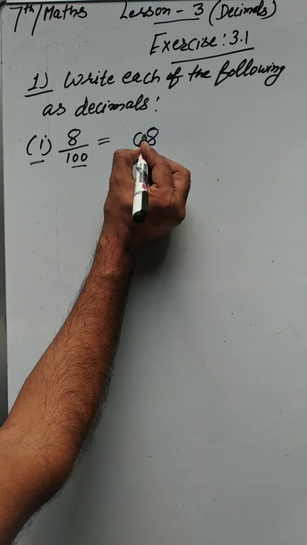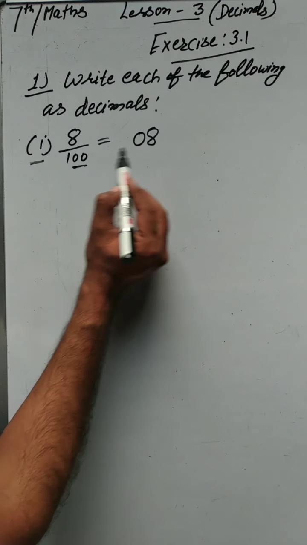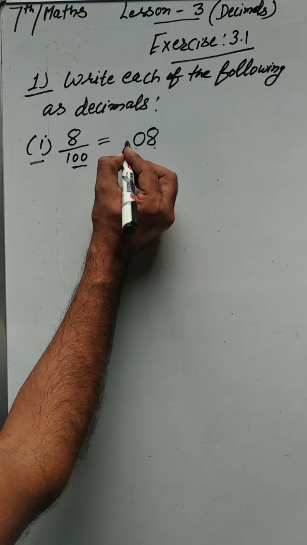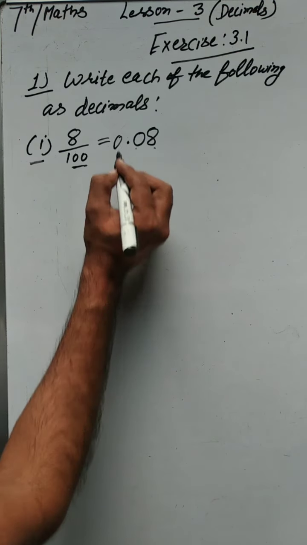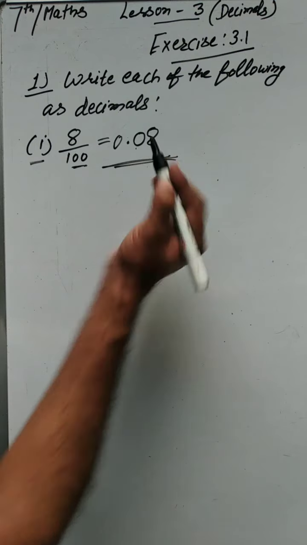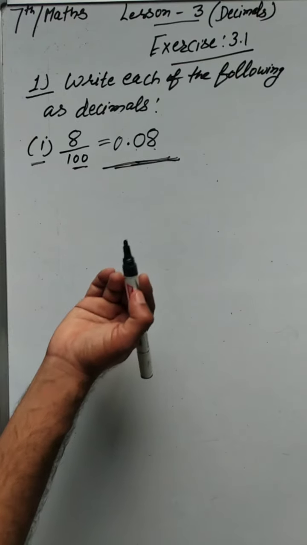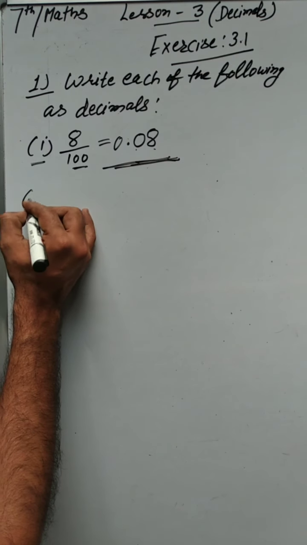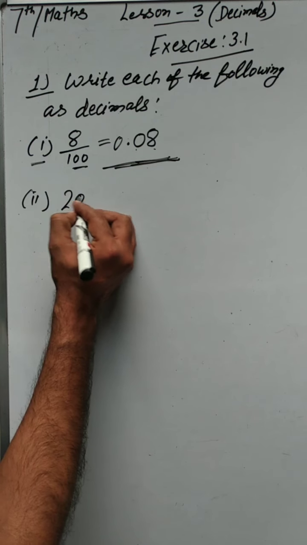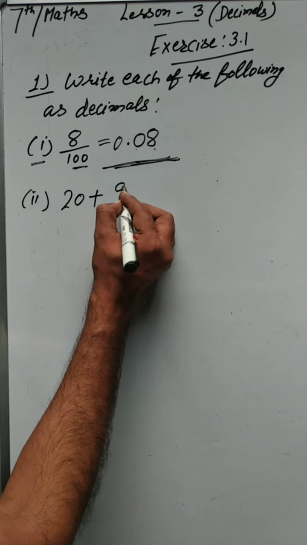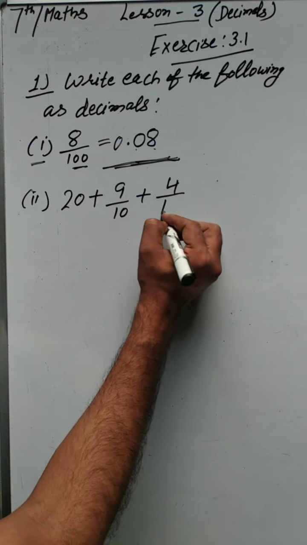Then put a 0 here. How many digits become? The zeros are 2, so 2 digits are there. Then put the point here. Understood? So the decimal form of 8 upon 100 is 0.08. Clear beta?